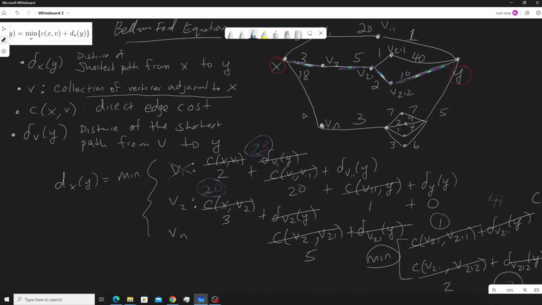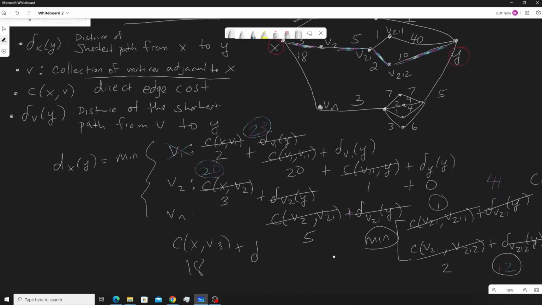We say, so this is composed of Cx comma V3, which is 18. Okay, so this one's 18, plus d of Vn, well, I should call it Vn, not V3, Vn, as 18, plus d of Vn, y.